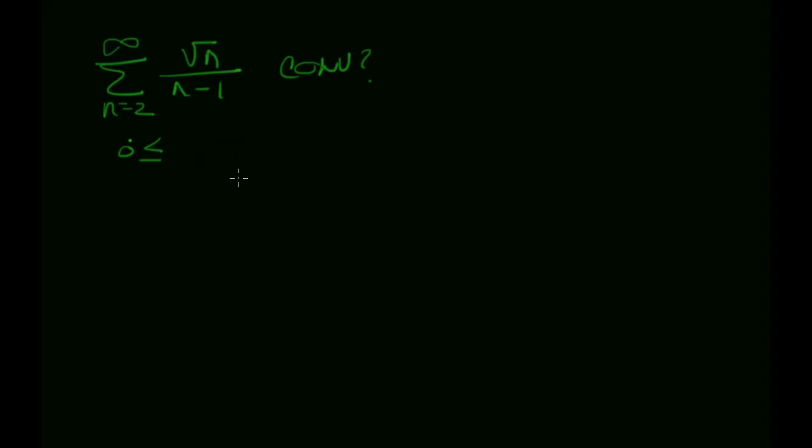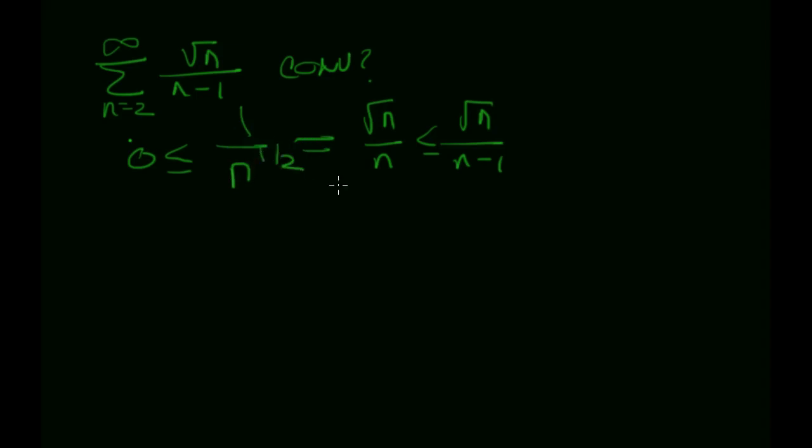So let's go the other way here, though. I want this thing to dominate something. So I'm going to examine this kind of working the other direction. That has to be bigger than the square root of n over n, because if I'm making the denominator bigger, then the whole thing is smaller, and the square root of n over n is actually equal to 1 over n to the 1/2.